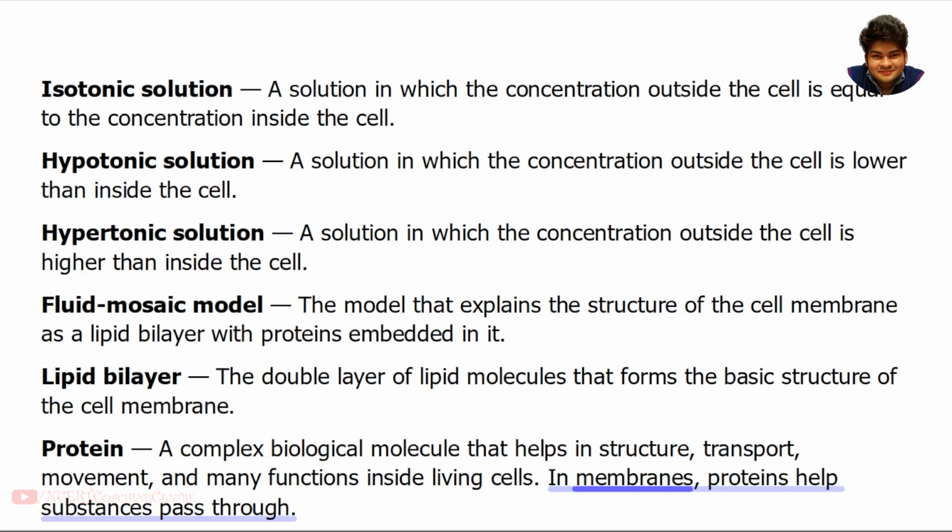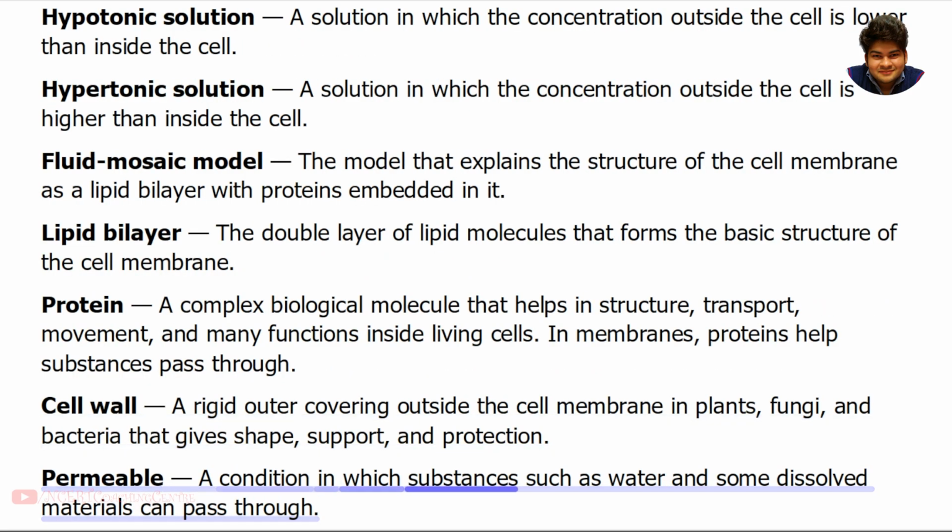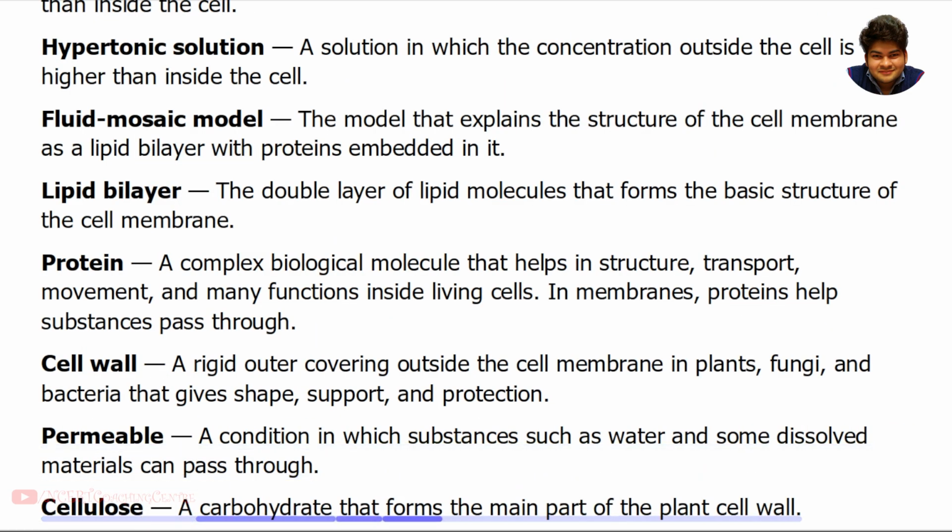In membranes, proteins help substances pass through. Cell wall, a rigid outer covering outside the cell membrane in plants, fungi, and bacteria that gives shape, support, and protection. Permeable, a condition in which substances such as water and some dissolved materials can pass through. Cellulose, a carbohydrate that forms the main part of the plant cell wall.